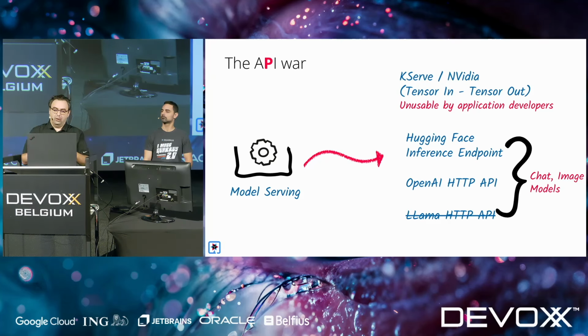On the LLM side, for chat model, image model, sound model, we have 2 or 3 APIs that are competing: Hugging Face inference endpoint, which is one, the OpenAI HTTP API, and the Llama HTTP API, which is not retired, but now you can use the OpenAI one. Because basically the OpenAI API is now so used by everyone that everybody is building on top of that. So even if it's not OpenAI on the other side, you can expose that API, just a REST API.